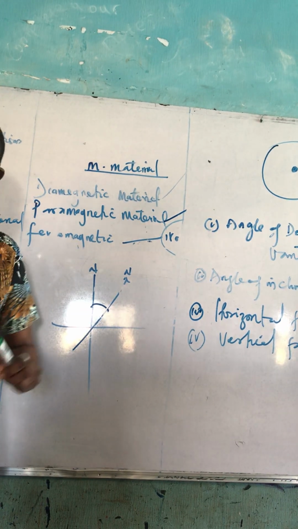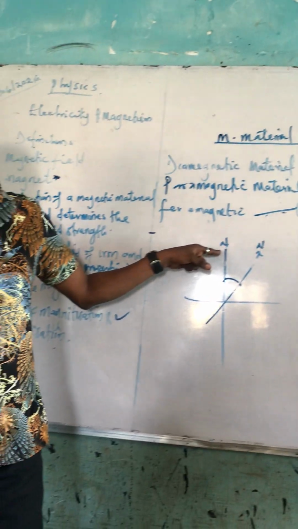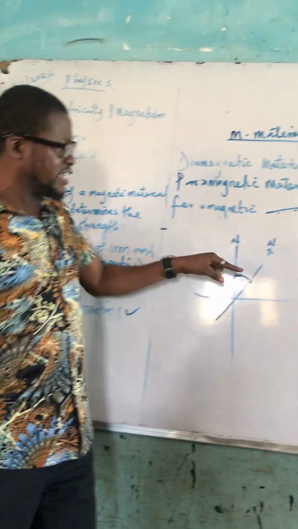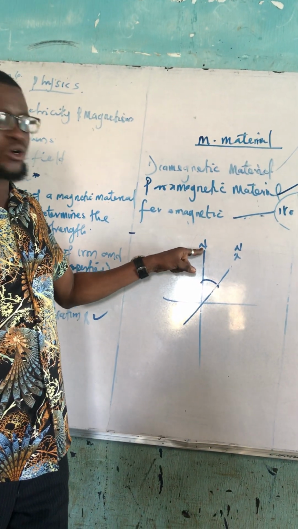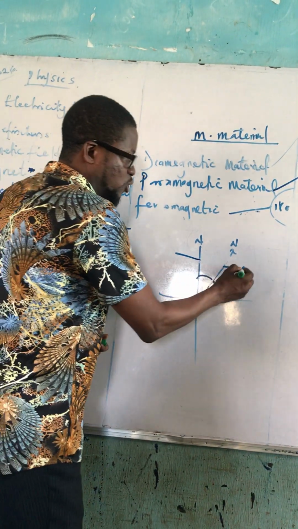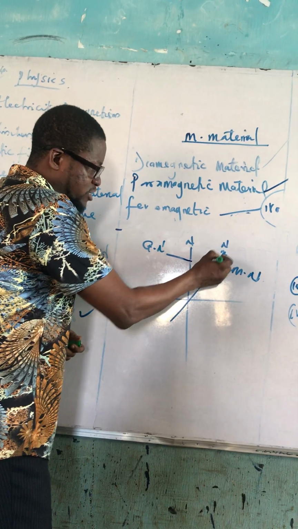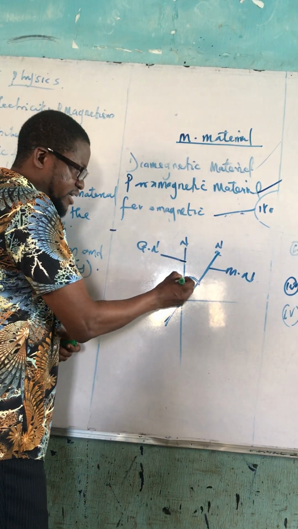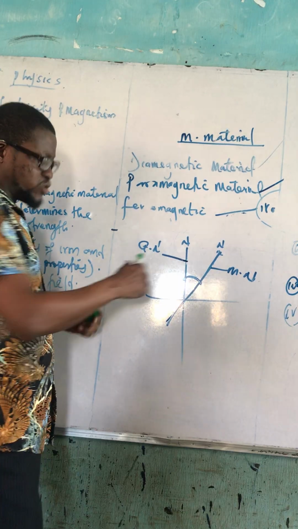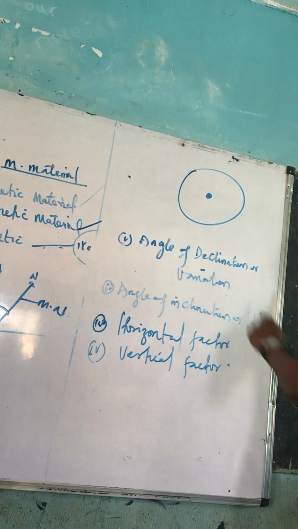Meaning the magnet has created a particular angle between its own north and the north of geography. And that's why we say the angle between the geographical north and the magnetic north. So between the geographical north and the magnetic north, I have an angle, which is called the angle of declination or variation.